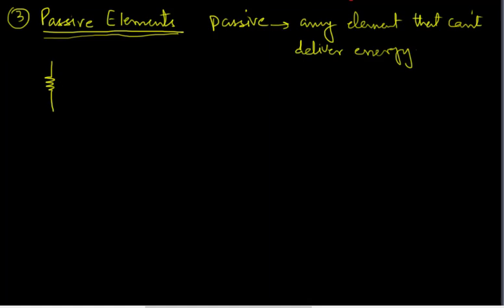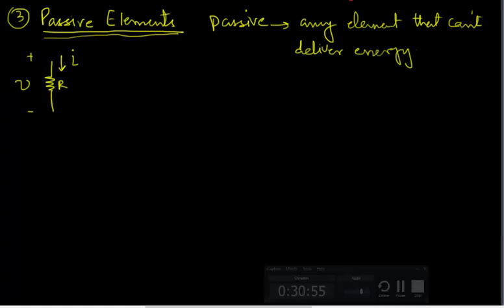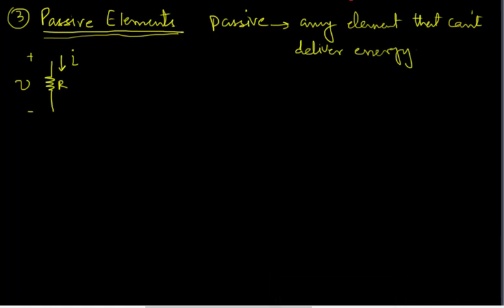A resistor R, let's say there is some voltage across it V and some current I is flowing through that resistor. A resistor is such a device which is not going to provide you with any power. A resistor cannot provide you with any power. It can only consume power in the form of heat, and whatever energy is given to it, it converts that into heat.